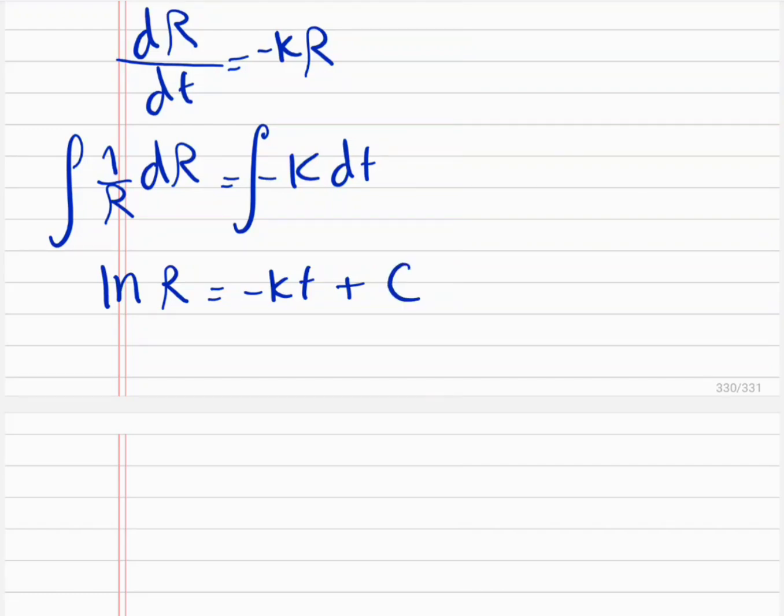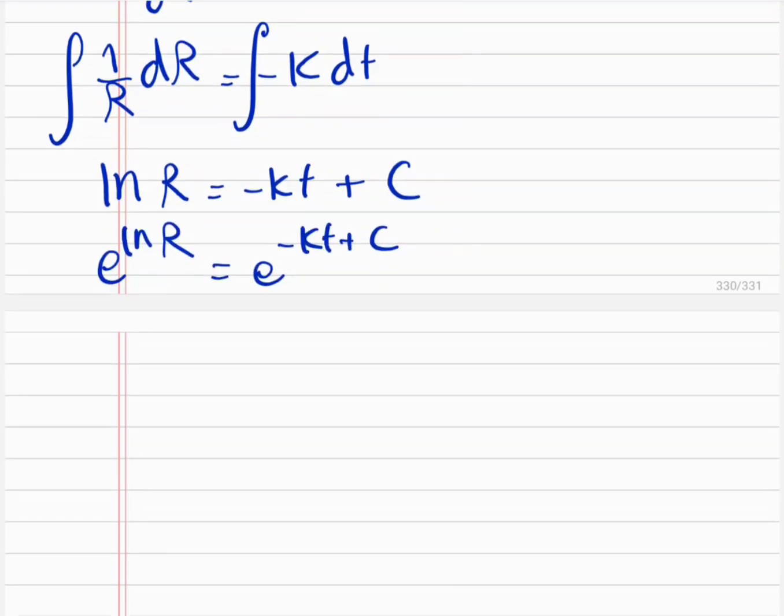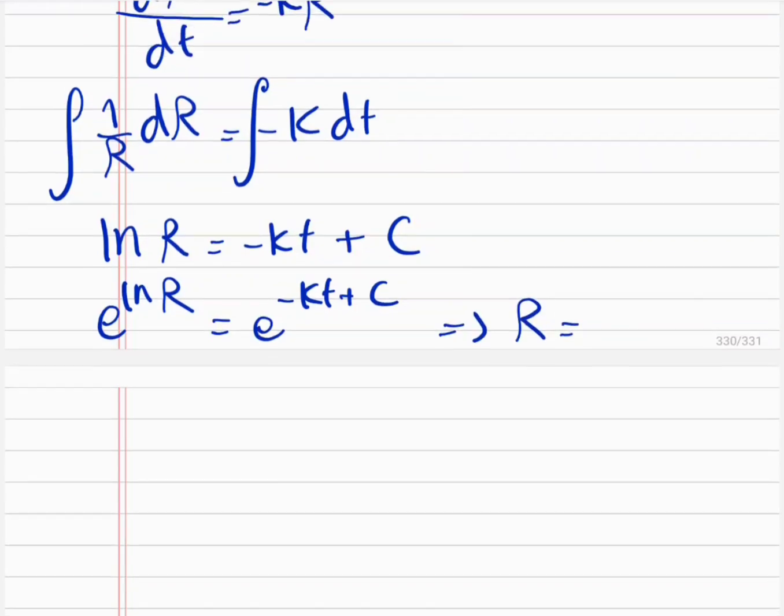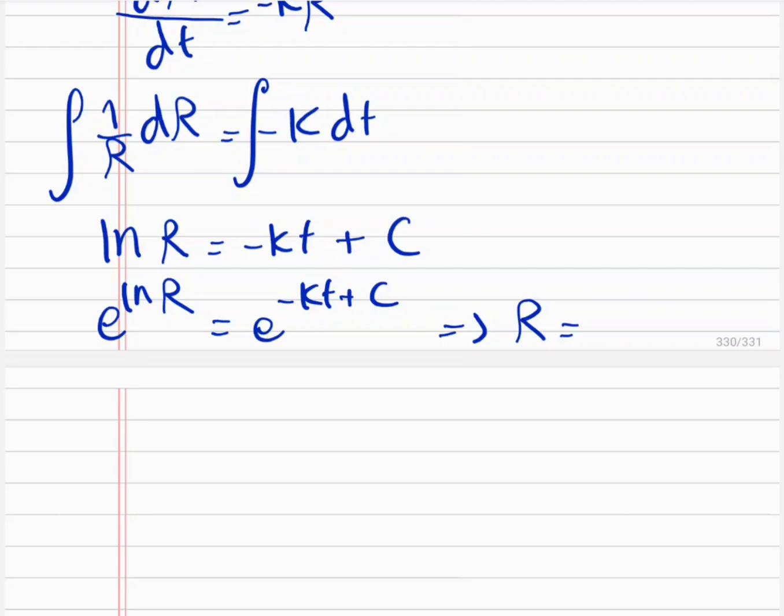And then once we take e to the power of both sides, the left hand side becomes just R, and the right hand side will be R0 times e to the minus kt. So k is the constant of proportionality.